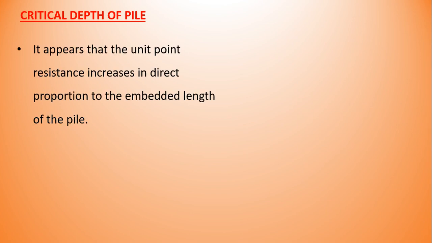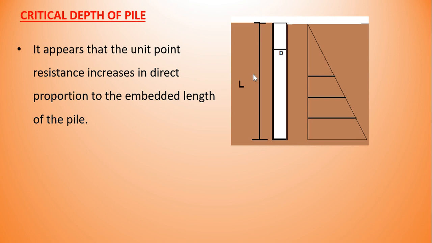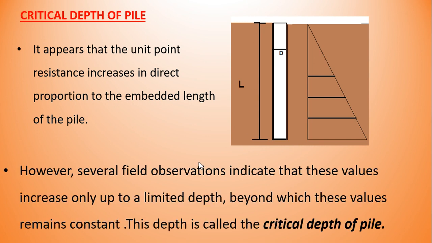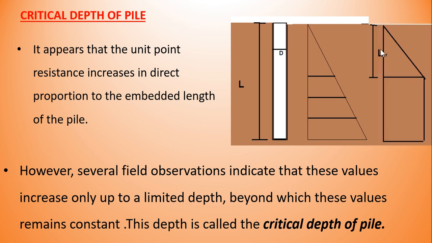Critical depth of pile. It appears that the unit point resistance increases in direct proportion to the embedded length of the pile. However, several field observations indicate that these values increase only up to a limited depth, beyond which these values remain constant.